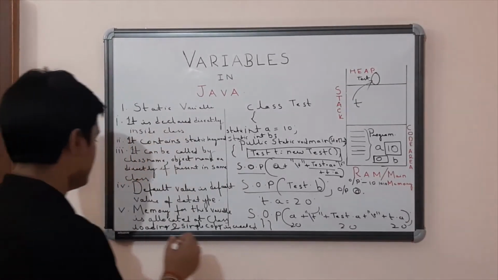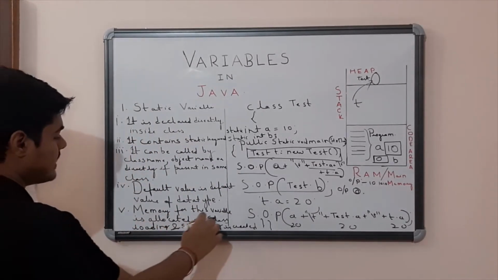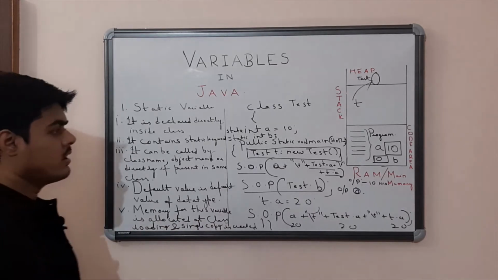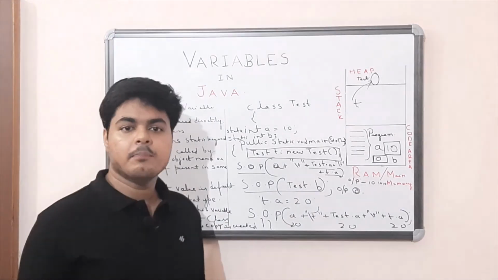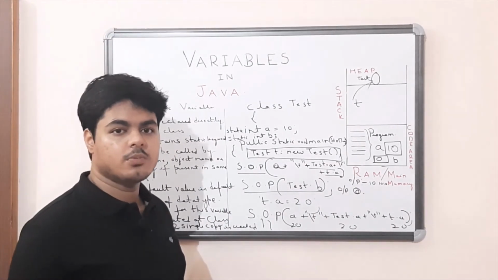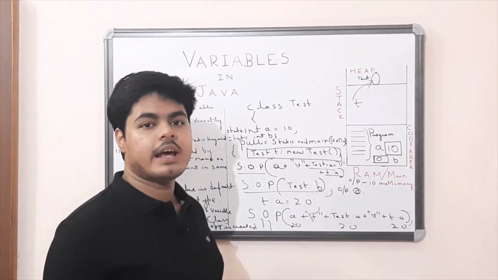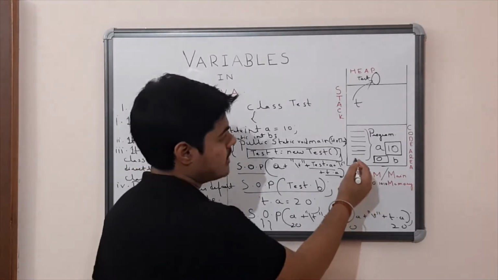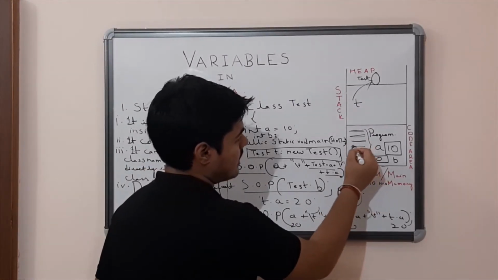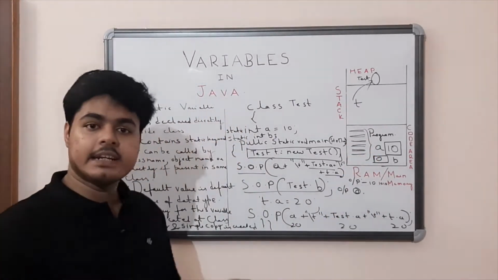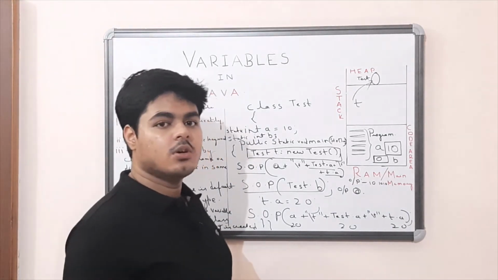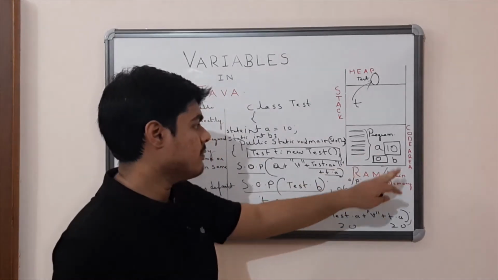Now memory for this variable is allocated at class loading. After the compilation, when you execute, your program gets loaded in the RAM or the main memory in the code area. So at that time only, static variables also get allocated in the memory.